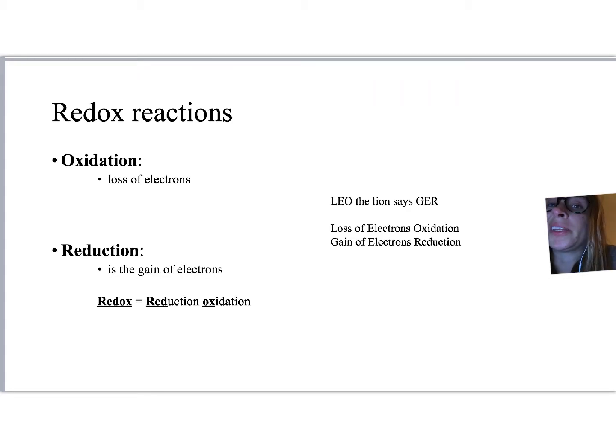One of the ways I hope you can help remember this is using a little mnemonic device. It's a little silly and the spelling's of course wrong, but I think it was helpful. So think of it as Leo the lion says grr, spelled wrong, but it's like this. If you can remember Leo, you can remember loss of electrons is oxidation, right?